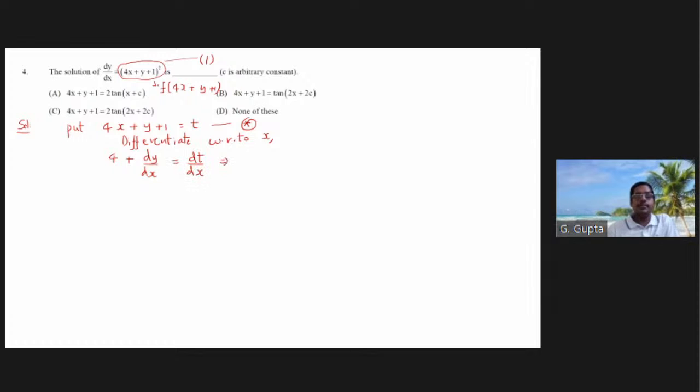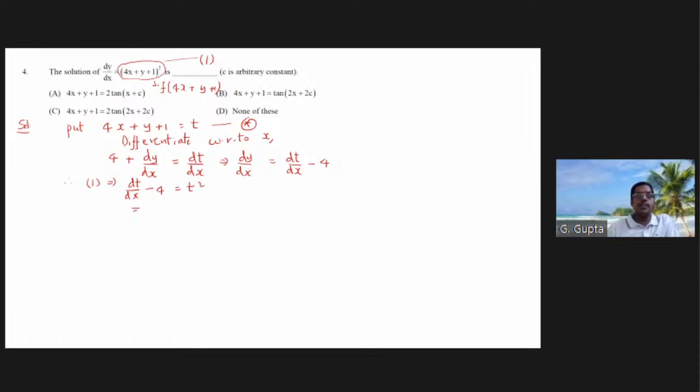From this, dy by dx is equal to dt by dx minus 4. So therefore, 1 becomes dt by dx minus 4 is equal to t square.